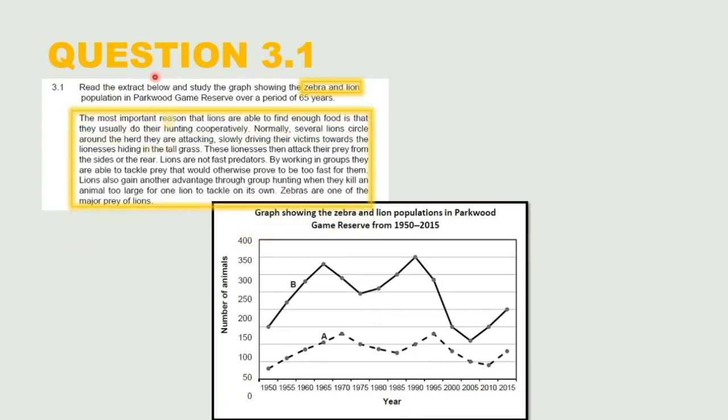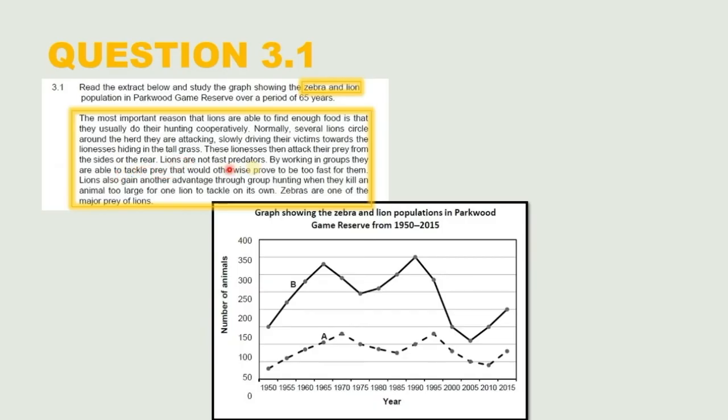The most important reason that lions are able to find enough food is that they usually do their hunting cooperatively. That means they work together as a group. Normally, several lions circle around the herd. They are attacking, slowly driving their victims towards the lionesses, hiding in the tall grass. The lionesses then attack their prey from the side or the rear.